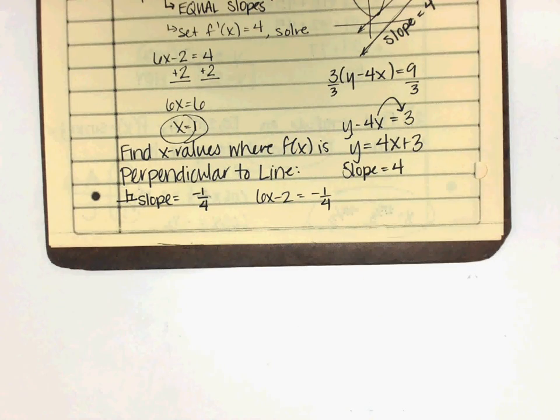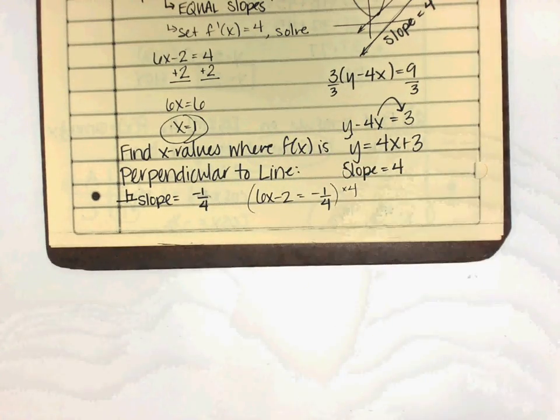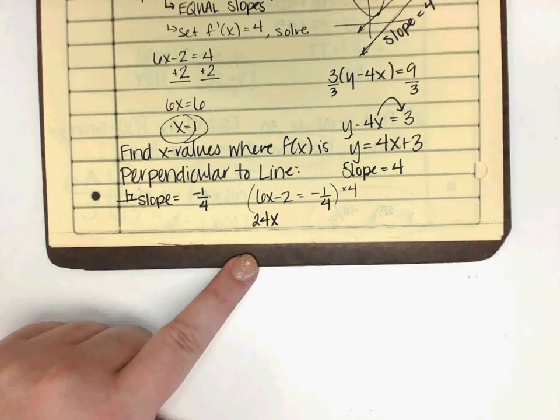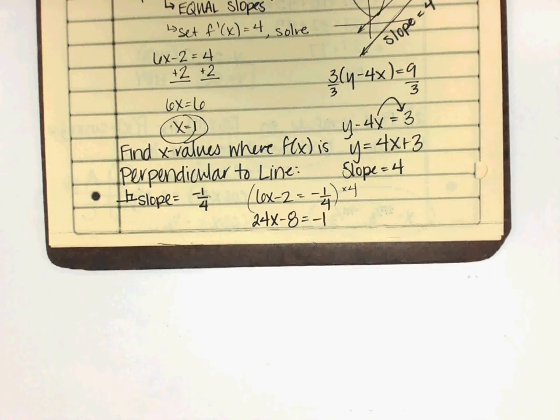Now let's talk strategies for getting rid of that fraction. What could you do? Yeah, multiply. Times everything by 4. Now if you just love fractions, you can leave it. Okay, so 6 times 4 is 24x. 4 times minus 2 is a minus 8, and now that side's just a minus 1, because the 4 and the 4 cancel out.